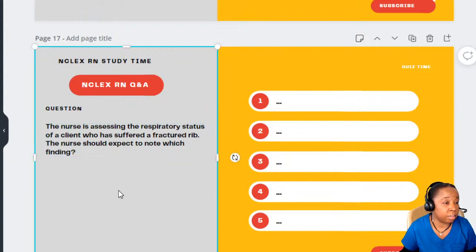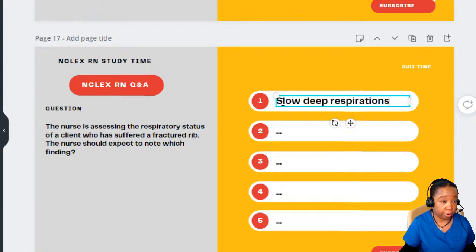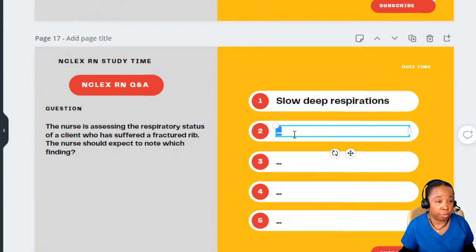The nurse is assessing the respiratory status of a client who has suffered a fractured rib. The nurse should expect to note which finding? What do you think, guys, the nurse will find in a patient who has a fractured rib? I will give you the options. The first one says slow deep respiration.